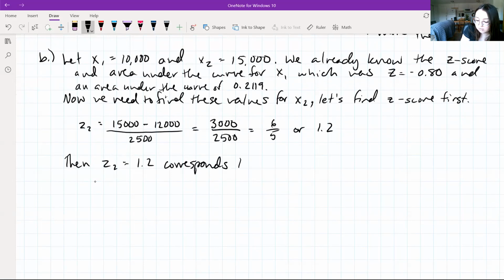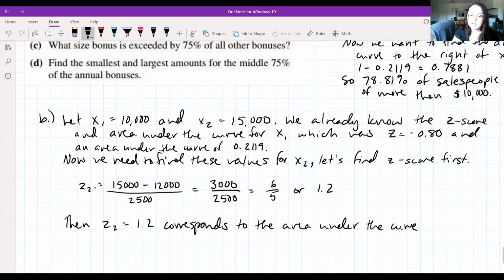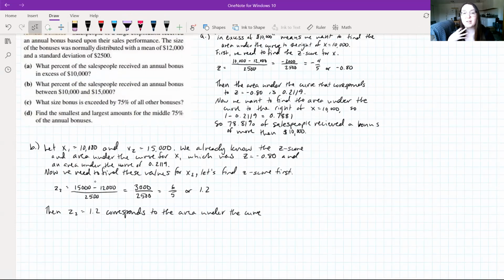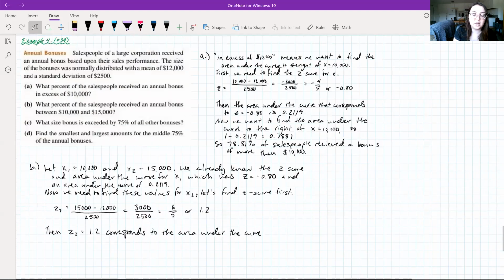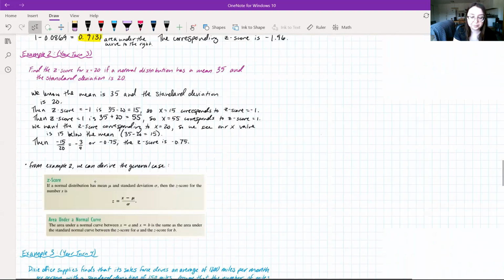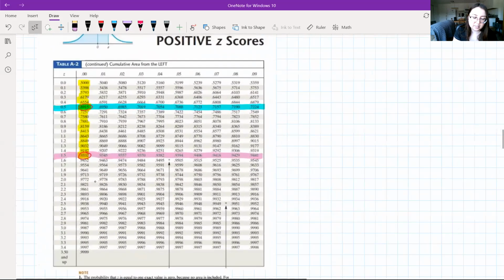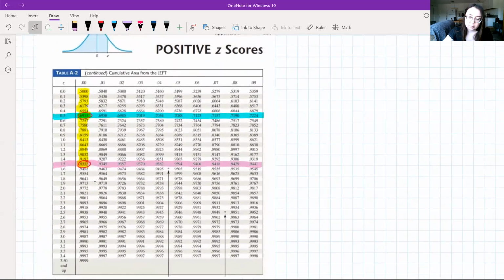Z2 corresponds to the area under the curve, and now we need to use our tables once again to find the corresponding area under the curve to z equals 1.2. So now we're going to go to our positive z-scores. We have all of our values here.